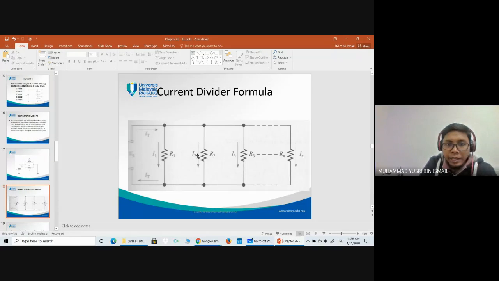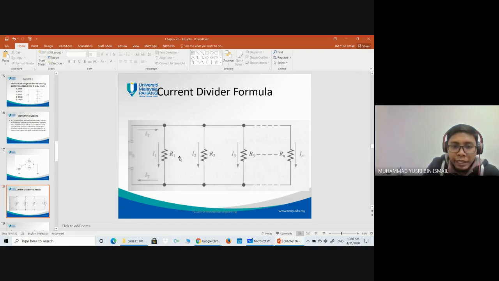So if you have this kind of element, which is R1, R2, R3, and Rn, you must simplify all of these parts to be one simplified component.